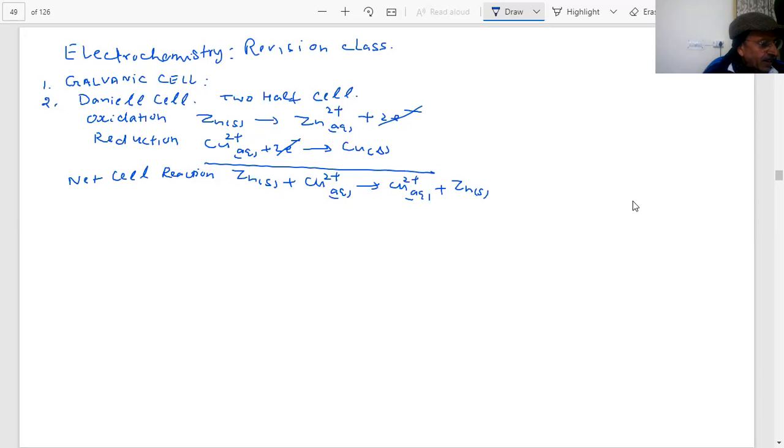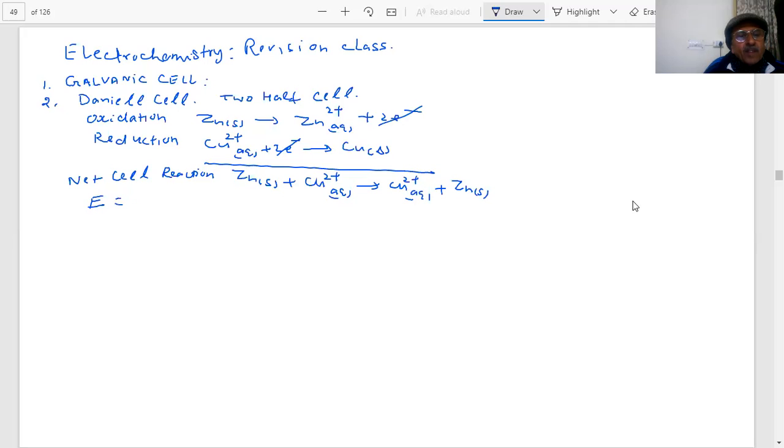I am talking of E value in volts for the Daniel cell. 1.1 volt is the value which we get in the case of the Daniel cell.